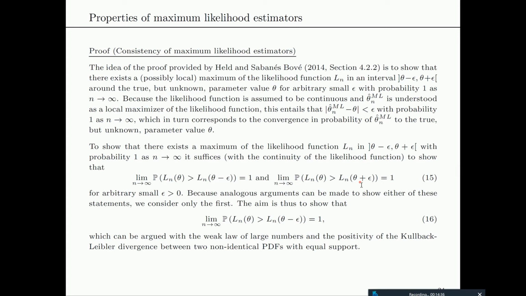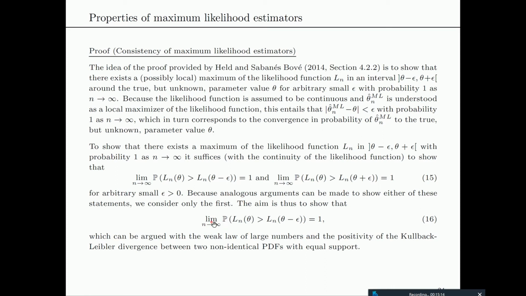This is quite simple, because it just says that if you have a maximum here at theta, and you go a little bit epsilon in this direction and epsilon in this direction, the value of the likelihood function gets smaller. And this happens with probability 1 as the number of data points increases. Both of these arguments one can show kind of equivalently.